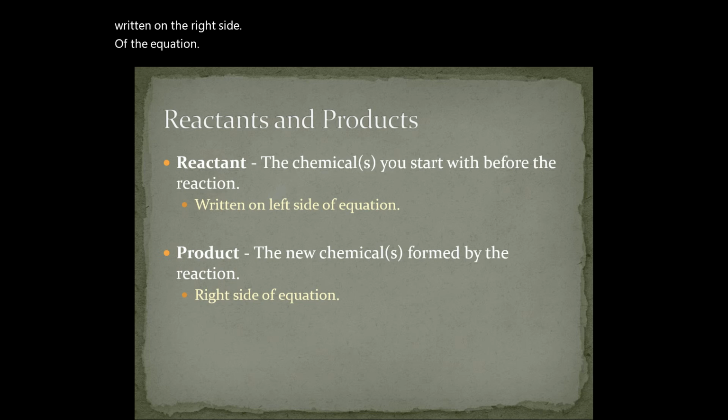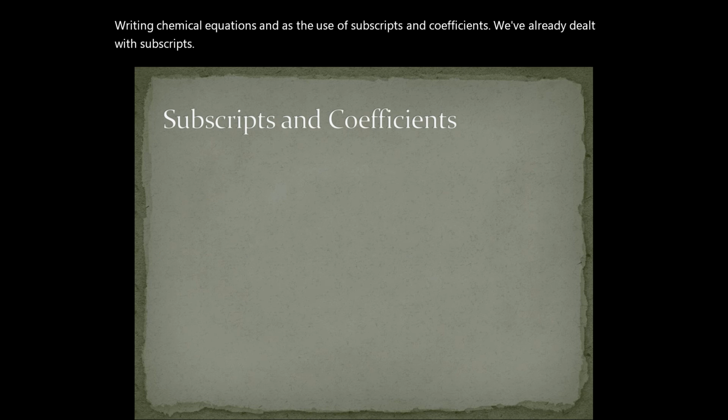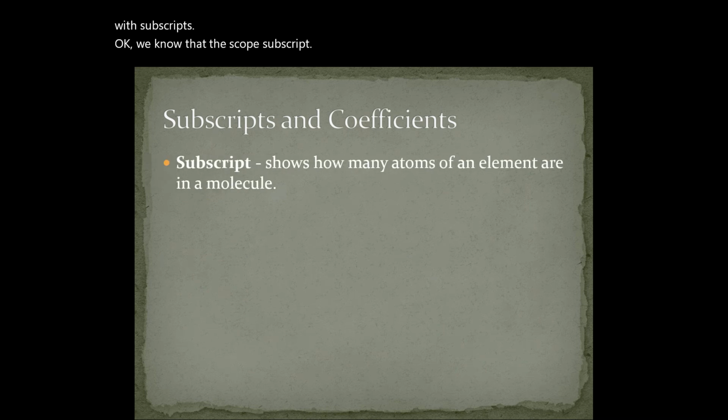So now let's focus on this next aspect of writing chemical equations, and that's the use of subscripts and coefficients. We've already dealt with subscripts. We know that the subscript is going to describe for us how many of that particular element are in a particular molecule.